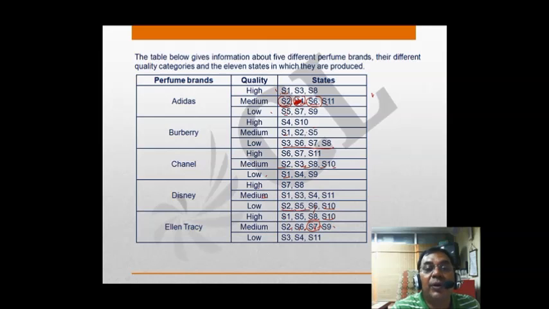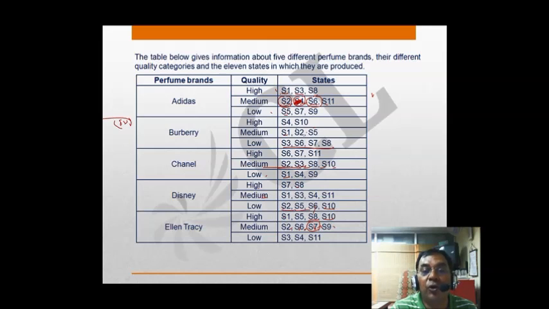S2 high, high. So S2 is 1, because S2 is not appearing in high. Now S3 high, done. Now medium, not medium here, yes here.